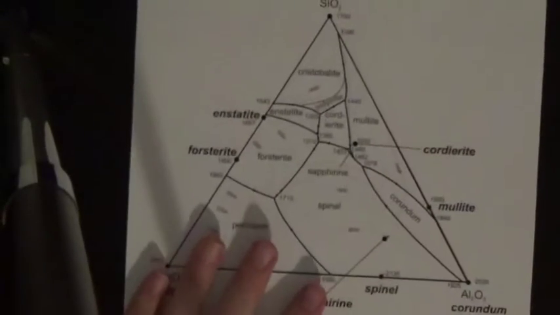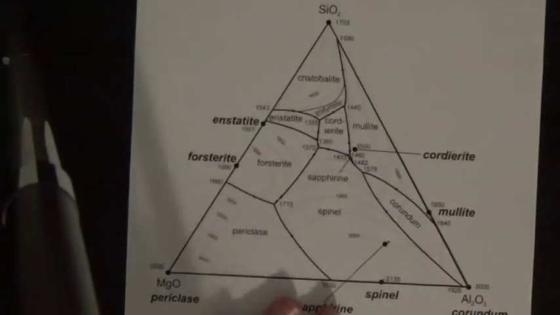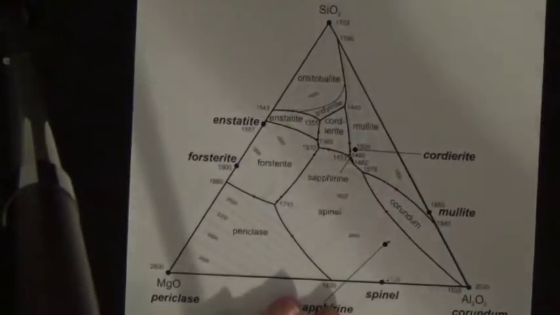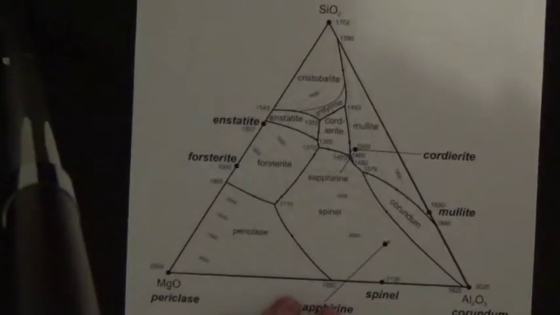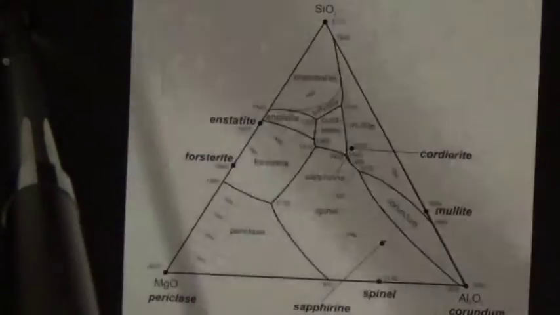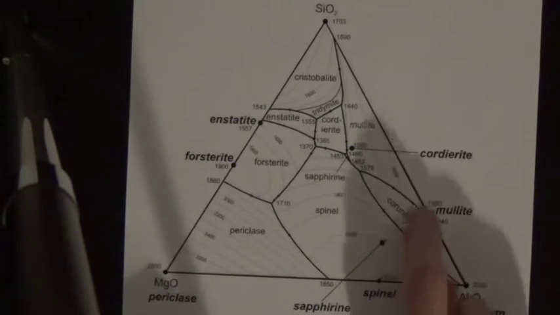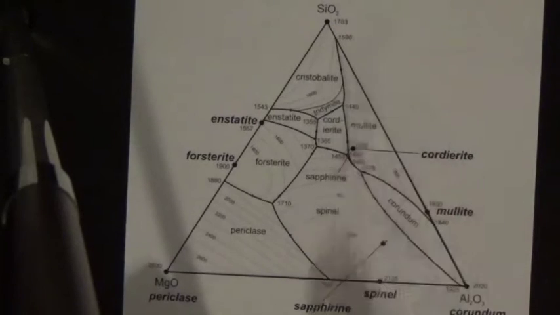So I was looking for a good example of a peritectic type transition, and most of the diagrams I showed you last time, there aren't really good examples built in. But here we have one, and actually we have two, and they're associated with having the sapphire phase, which is sitting out here, and the cordierite phase.